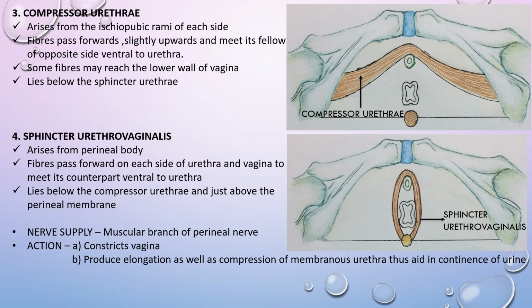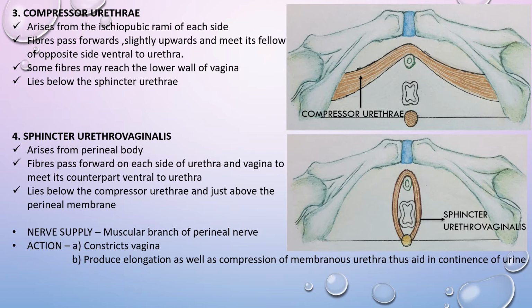In this diagram, you can appreciate the sphincter urethrovaginalis arising from the perineal body and running along the urethra and vagina, passing ventral to the urethra. This muscle lies below the compressor urethrae and just above the perineal membrane. Nerve supply: by means of the muscular branch of the perineal nerve.